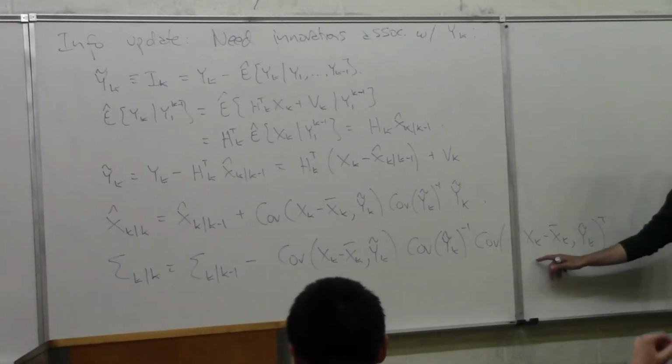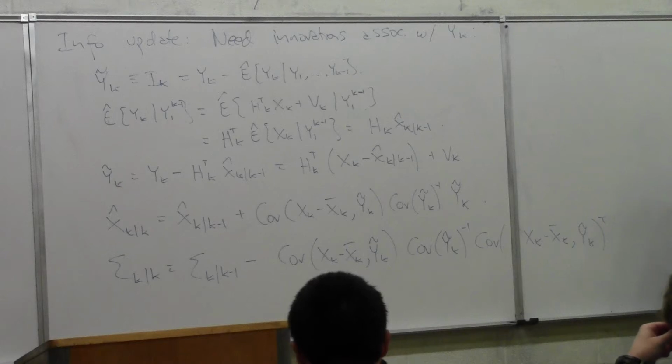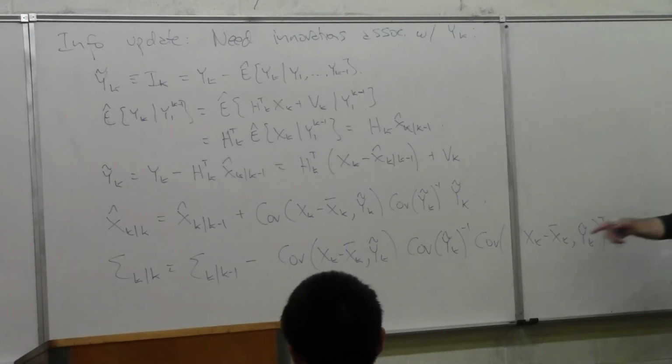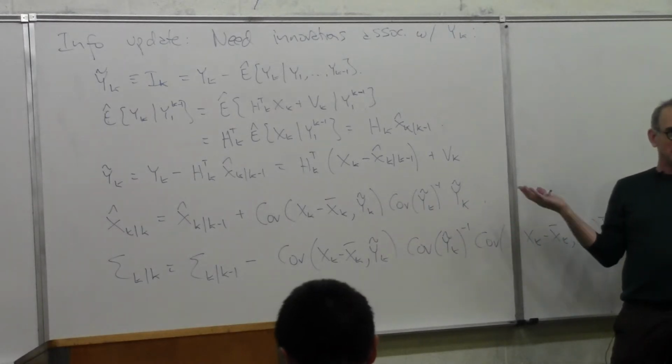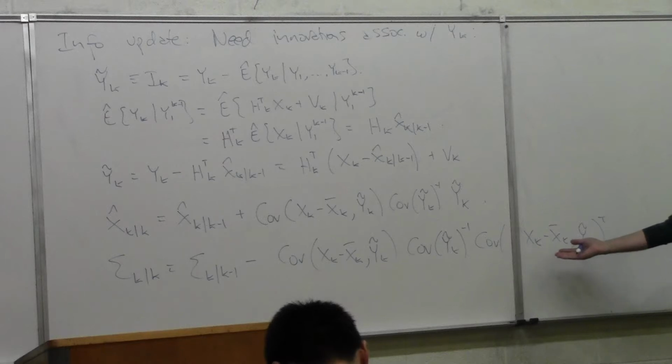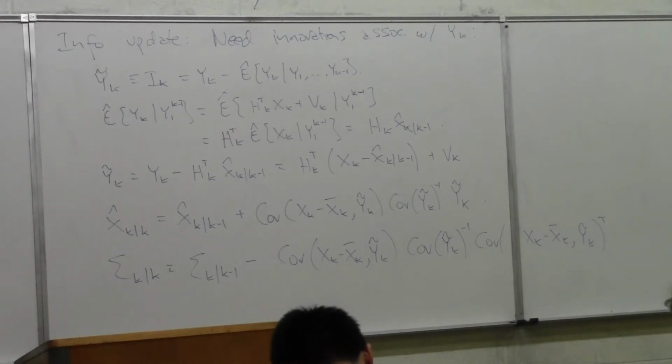Okay, and if you'd like to write this a different way, it's just the covariance of y tilde k in the errors of x, but that's it. So, recheck: if you take this random vector and multiply it by its transpose and take the expectation, you will get this. Okay, cool. So are we done?